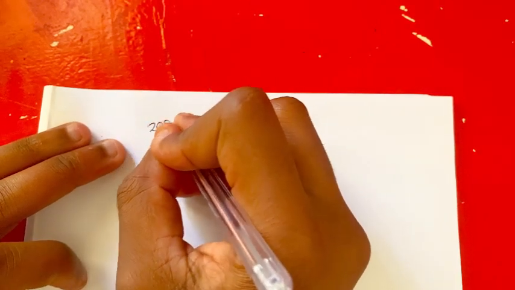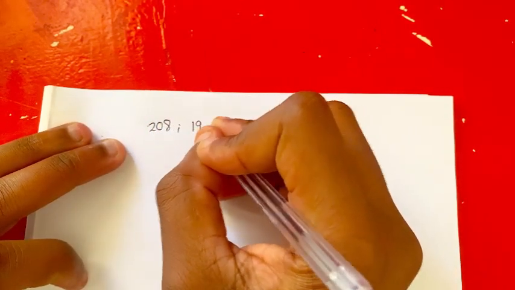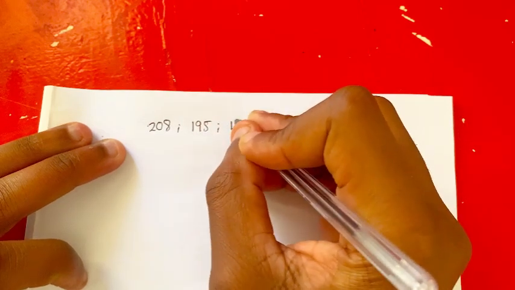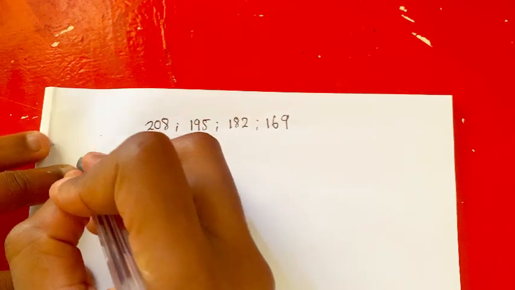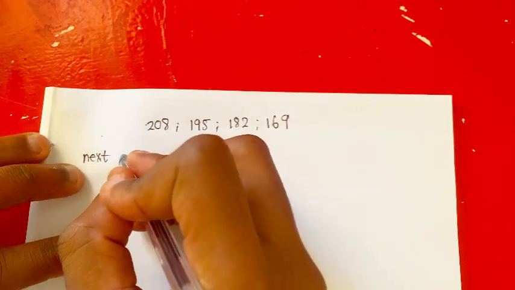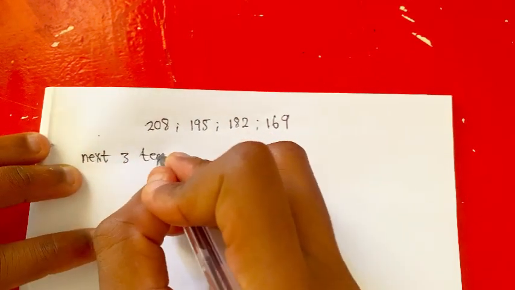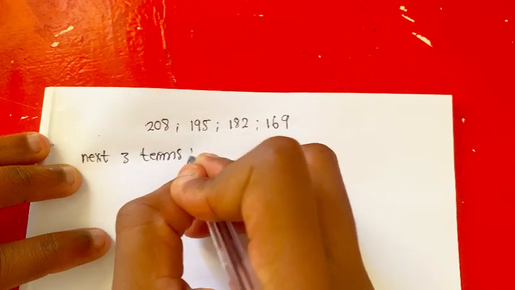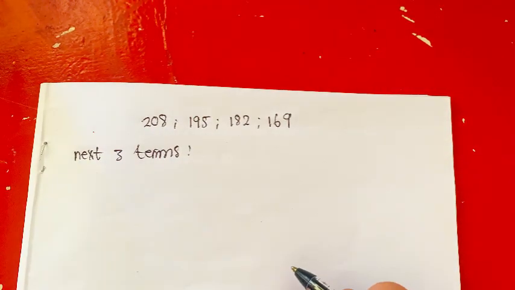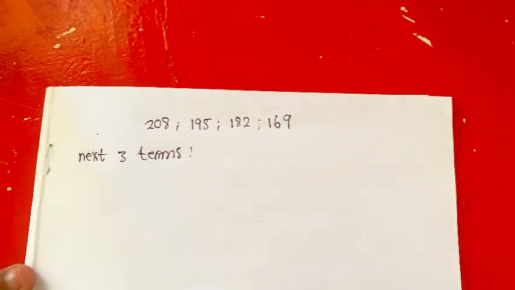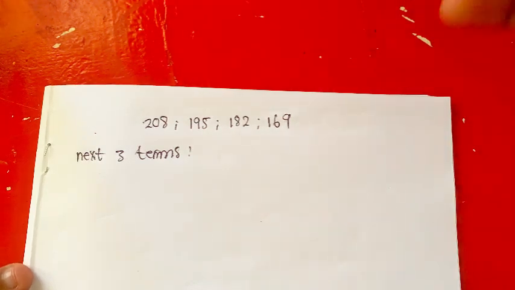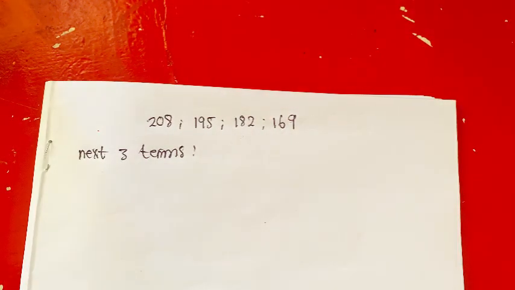You have 208, you have 195, you have 182, you have 169. Let's first find the next 3 terms. Now, the next 3 terms would be us having to find the difference or the addition. So basically you want to see if we are adding or subtracting.